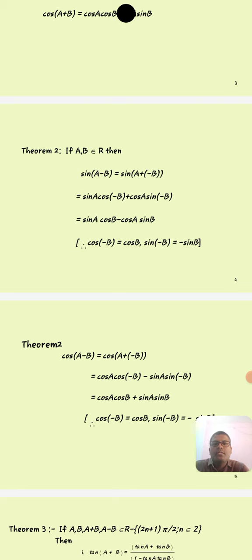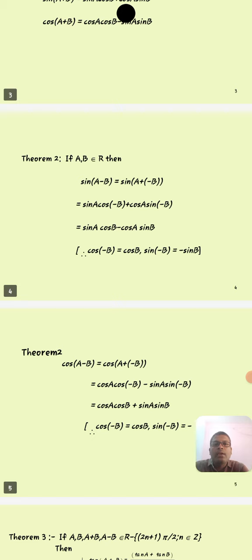We have to prove this. How to prove this one? We know the proof of sine of a plus b. Using that proof, using that formula, we have to write sine of a minus b also. So sine of a plus of minus b: here we have to write plus into minus, that is also minus, so we write minus b in place of b.